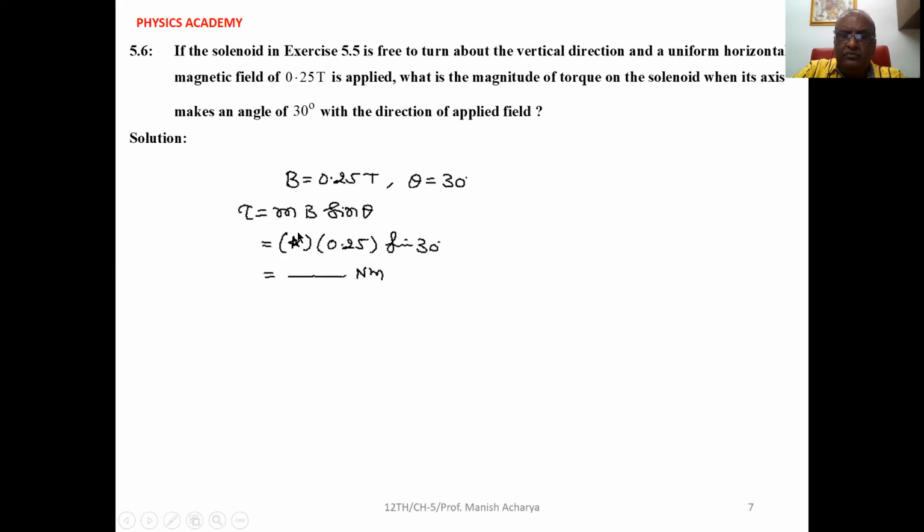M we have to take from the previous example, because the same solenoid given in exercise 5.5 is used here, and its magnetic moment we calculated in the previous example. So that particular value we have to substitute here. B is 0.25, sine 30, and now solve this one, you will get the torque acting on that particular solenoid. Clear to all of you?